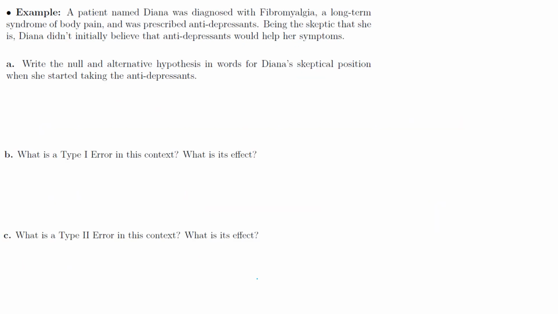All right, so one more example like this, and I would encourage you to pause and see if you can fill out A, B, and C yourself without looking at my solution, and then unpause and see how we match up. All right, so we have Diana. She was diagnosed with fibromyalgia, which is a long-term syndrome of body pain, and was prescribed antidepressants. Being the skeptic that Diana is, she didn't initially believe that antidepressants would help her symptoms. So let's write the null and alternative hypotheses in words for Diana's skeptical position.